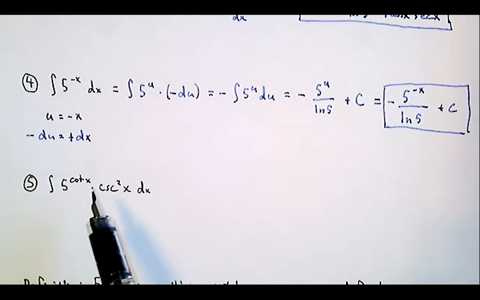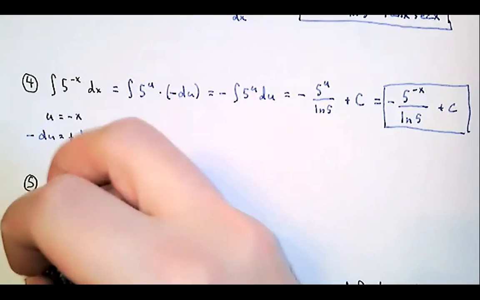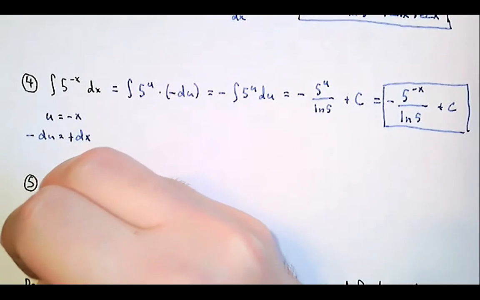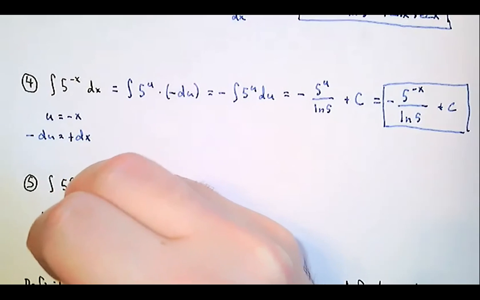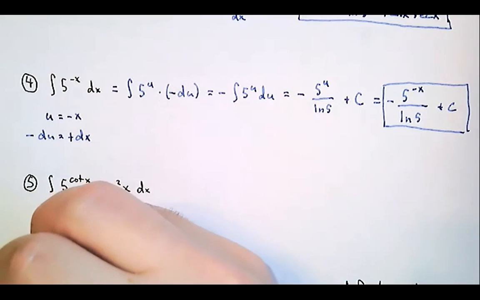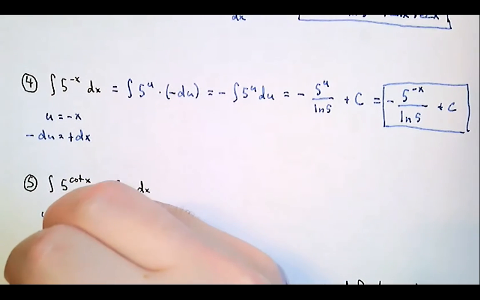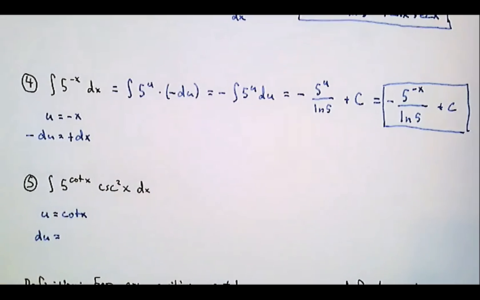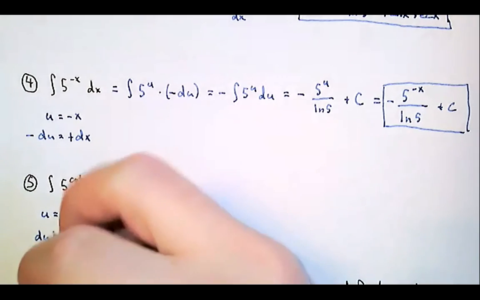Now our u substitution is going to just be a trig function. Cotangent x. What's the derivative of cotangent? Negative cosecant squared. Good.